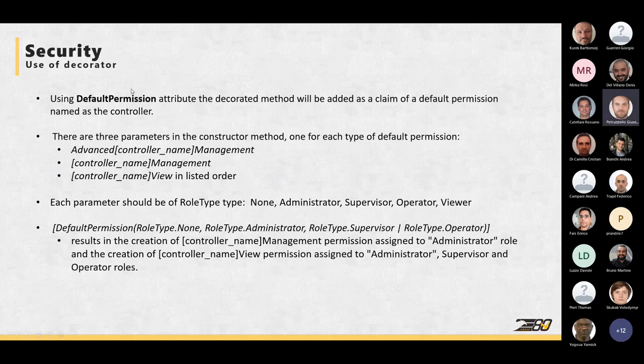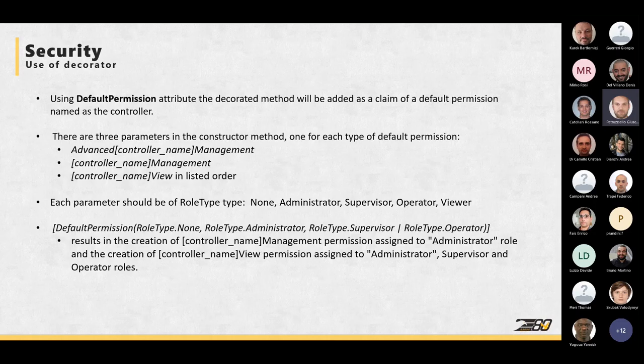Okay, previously we spoke about the ability of the system to automatically register the claims and permissions into the system. This is possible using a specific decorator that you can find in the code of the BFF project or BFF system, whose name is default permission.